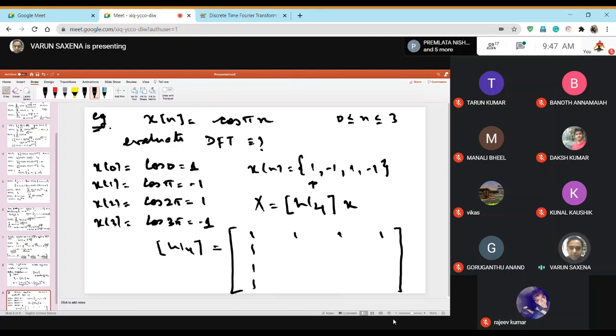That is independent of the value of capital N. This is a peculiar matrix that you should remember, and it is simple to remember. The rows are 1, 1, 1, 1; then 1, minus J, minus 1, J; then 1, minus 1, 1, minus 1; then 1, J, minus 1, minus J.